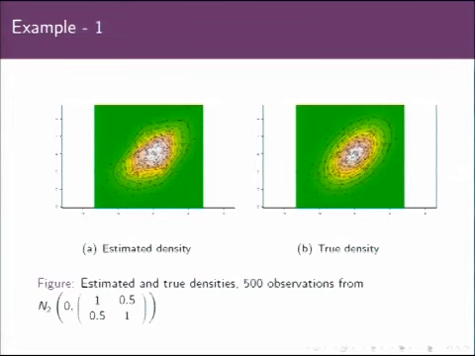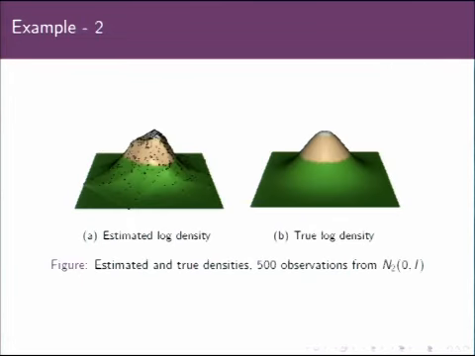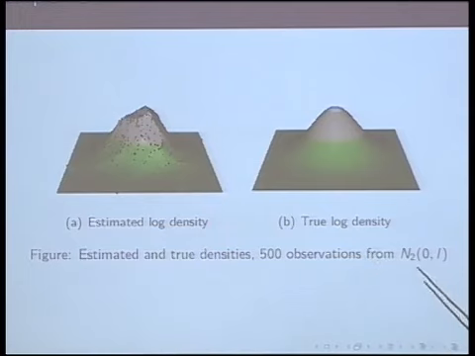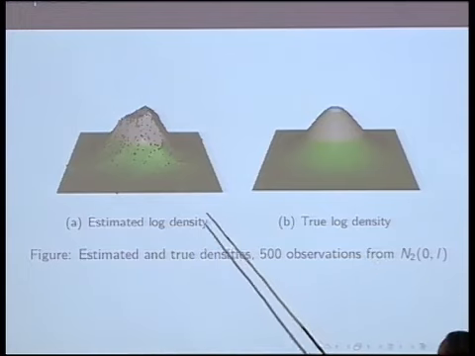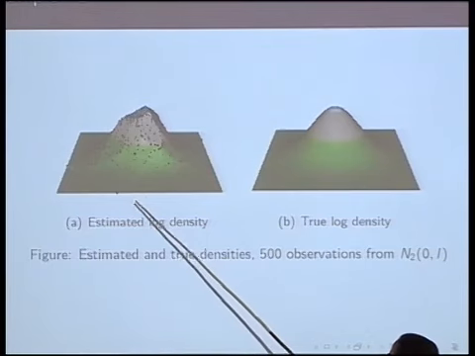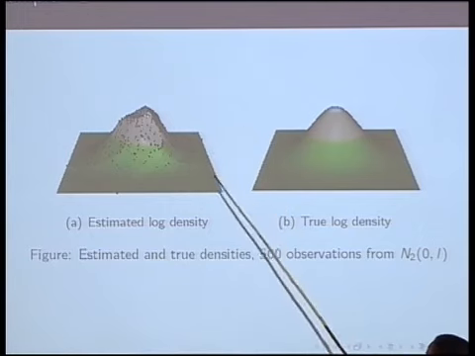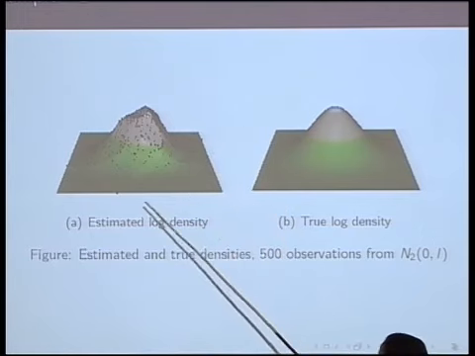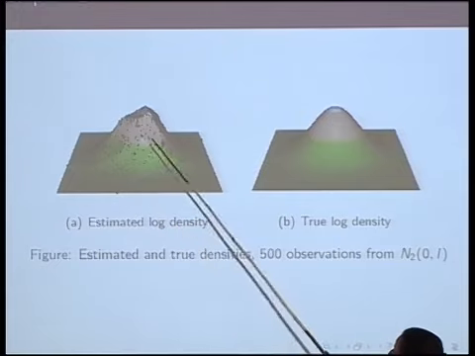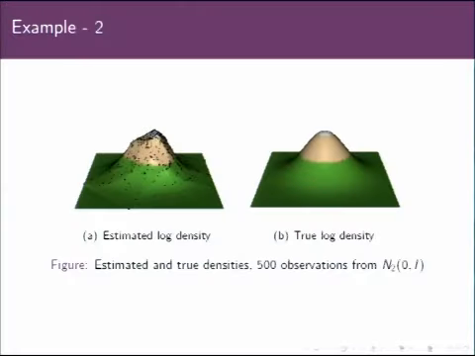But the next picture shows a bit more what the estimator looks like. So these are independent normal observations, and this is a picture of the estimate here, so you can see that it's supported. You can see the discontinuity at the boundary of the convex hull here, and you can see it has these flat pieces.